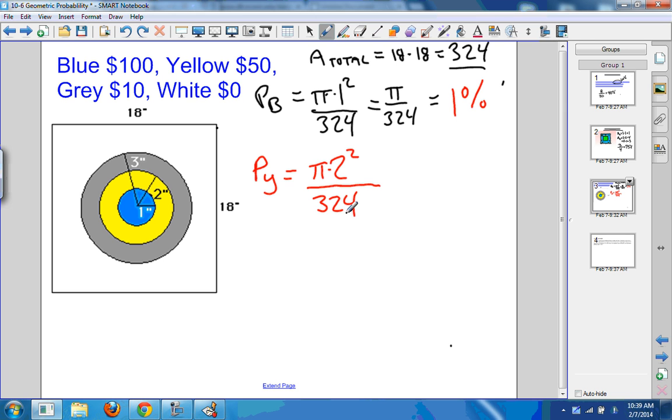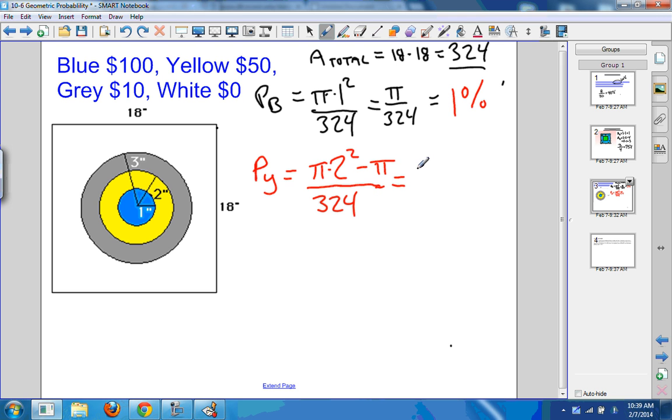Hopefully you're saying, whoa, whoa, whoa, stop, Mr. Wilmus, you're doing something wrong. We need to subtract out this area inside here, which we figured out was just pi. So we need to subtract out the area of the blue, because it's not included in the yellow.